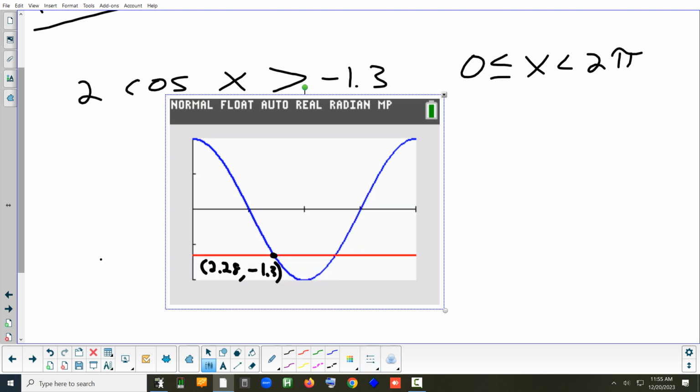And what about the one on the right? Yeah, 4.004.